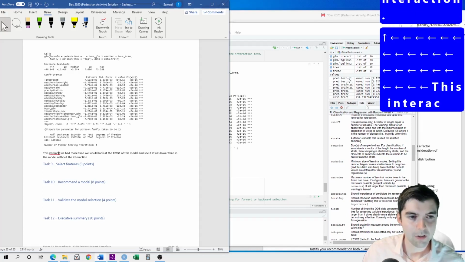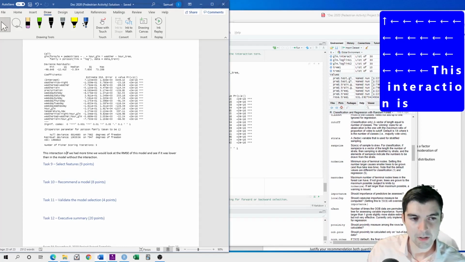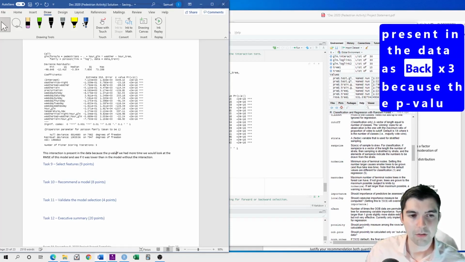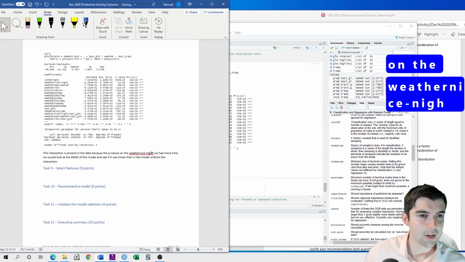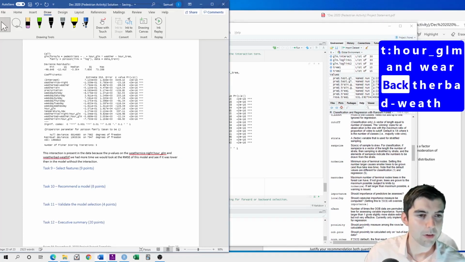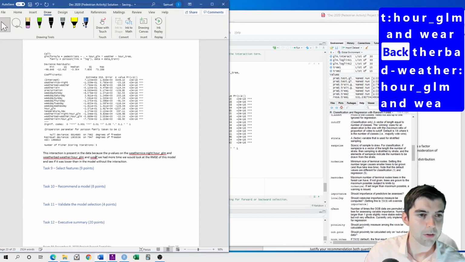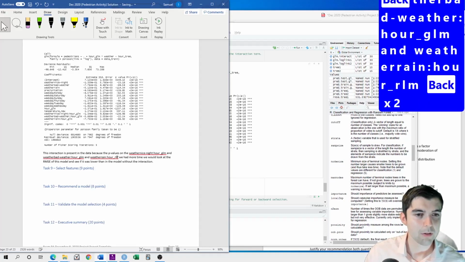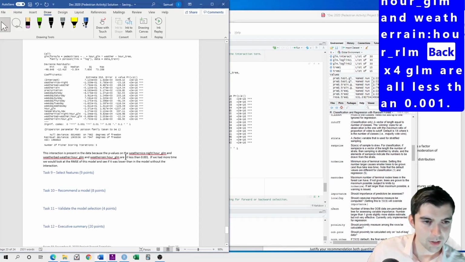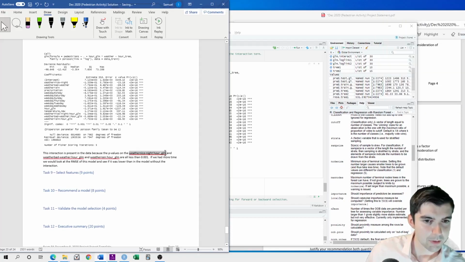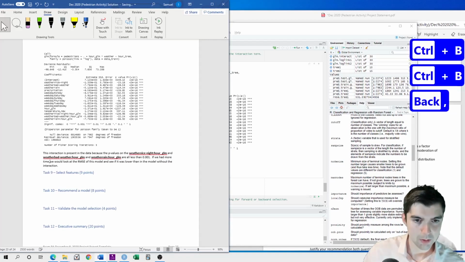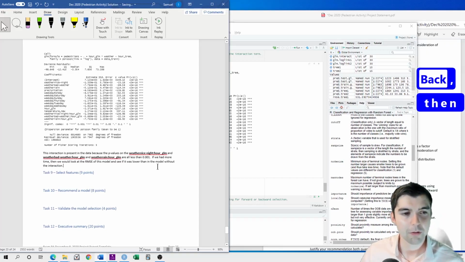This interaction is effectual or legitimate, present in the data, because the p-values on the weather nice night hour GLM, weather bad hour GLM, and weather rain hour GLM are all less than 0.01. You could make these bold.